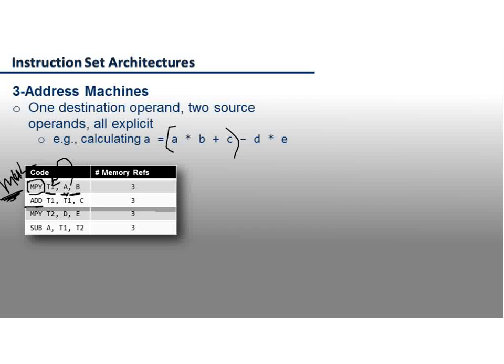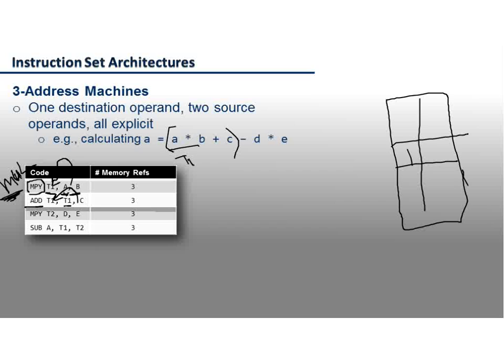Now, we need to add T1, which is now this T1, to C, and store the result again in a slot called T1. We might overwrite it. By the way, when we are doing T1, what's happening? It's just simply overwriting.